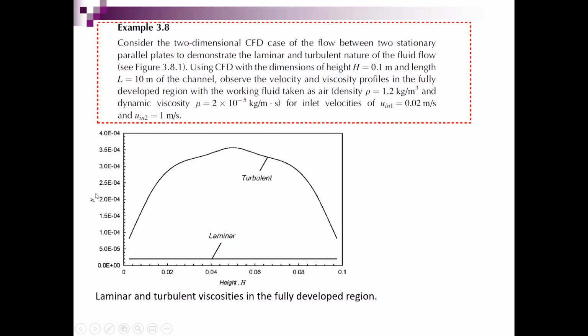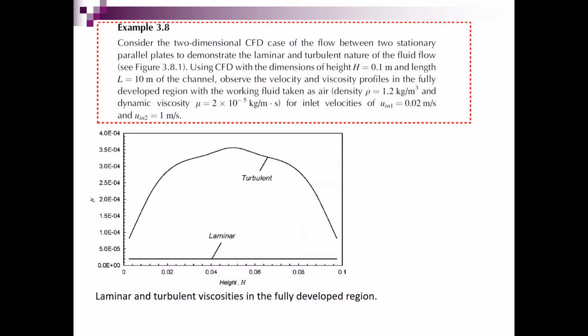This is the dynamic viscosity in the flow as a function of height. As we can see, for laminar the viscosity is always constant anywhere in the flow, but not for turbulent. As we saw from all the previous equations, there is an induced viscosity, also called the turbulent viscosity, which is due to K and epsilon.